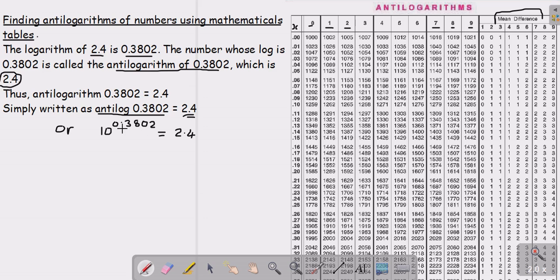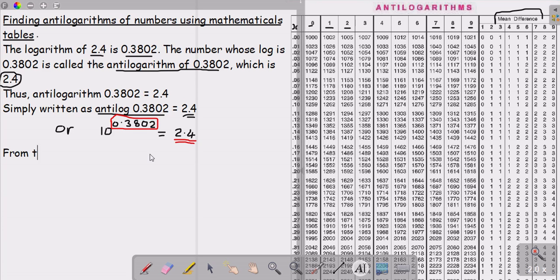It is from the table where we look for the value of this, and we find that the answer is 2.4.